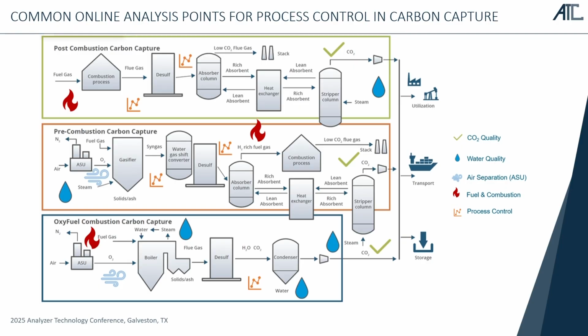So, these sites need combustion analyzers at the power plants or for people that are generating steam. There are process control points for multi-stage processes, whether it's the gasification at a pre-combustion removal site or just the plant itself. Water quality analysis, again, we're talking typically about a lot of steam, and of course, the CO2 measurement.